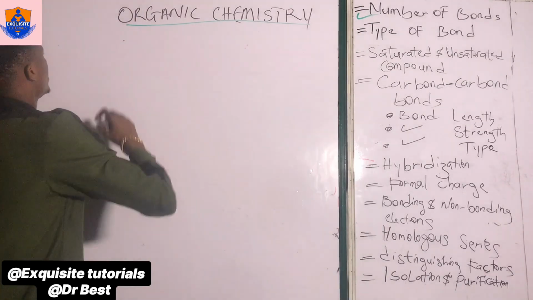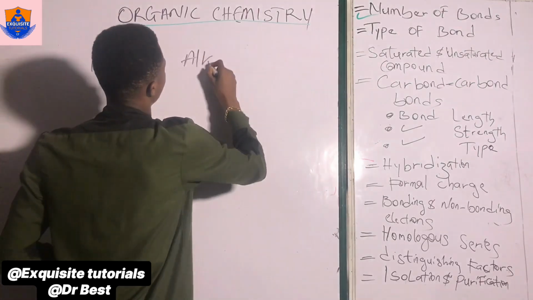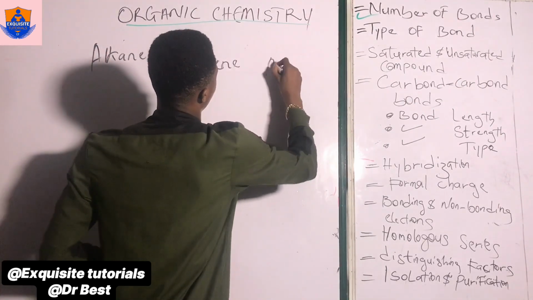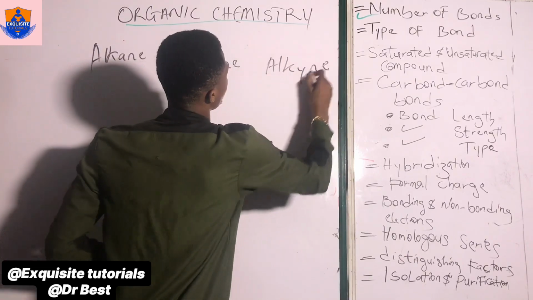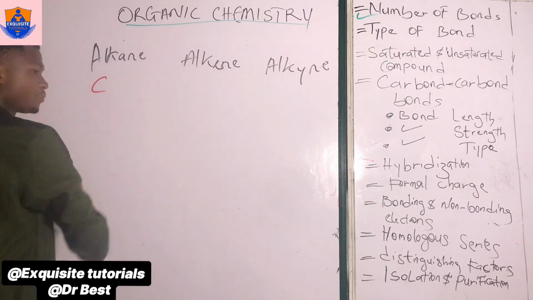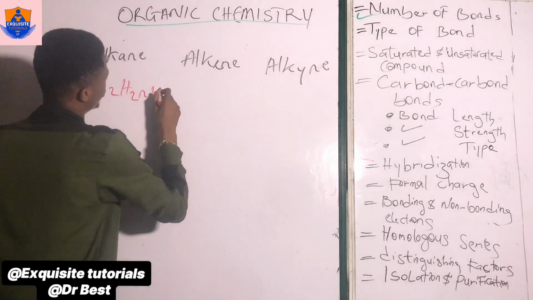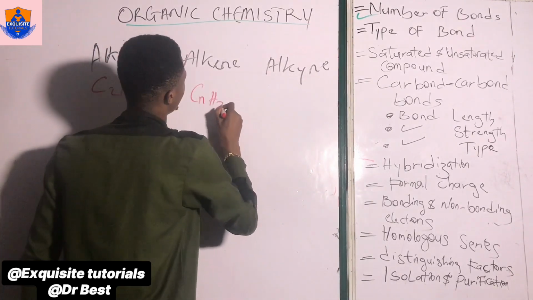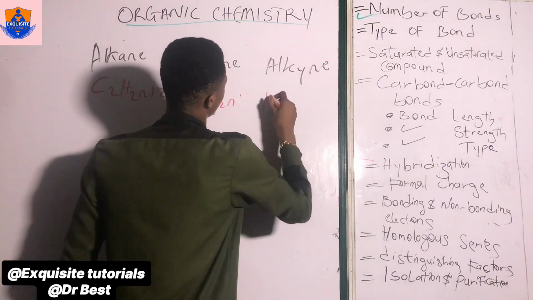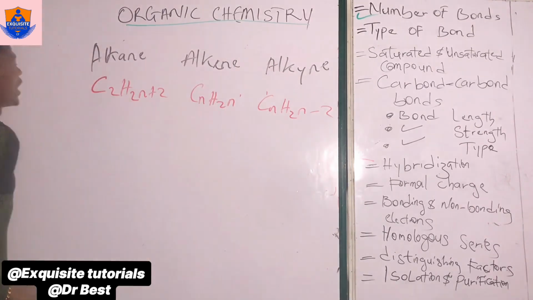Remember we have your three main groups: alkane, alkene, and alkyne. Let me write out their molecular general formulas. CnH2n+2, this is CnH2n, then this is CnH2n-2. Now, n means the particular number of the alkane family you are talking about.